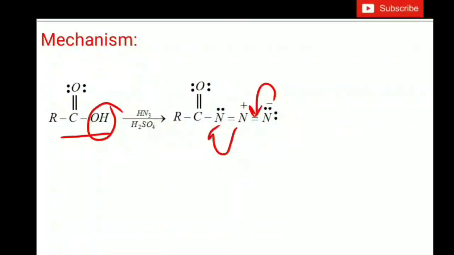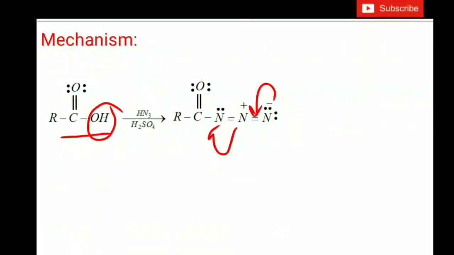In this acid azide, you can see the conjugation between the negative charge on the nitrogen atom and the multiple bond present here. Due to that conjugation, you can have delocalization of electrons. Electron pair from nitrogen can come here and the multiple bond present here will go to nitrogen.